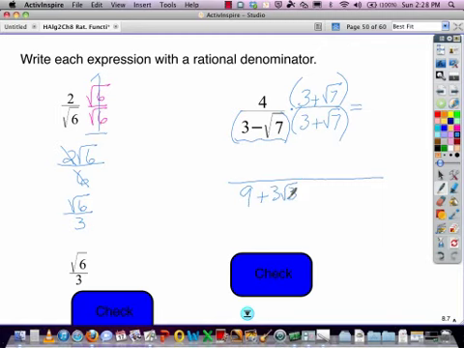Insides, negative root 7 times 3 would give us negative 3 root 7. Anybody catch that I can't write what I say? Clean this one up a little. I did say outside 3 root 7, and then I proceeded to write 3 root 3.